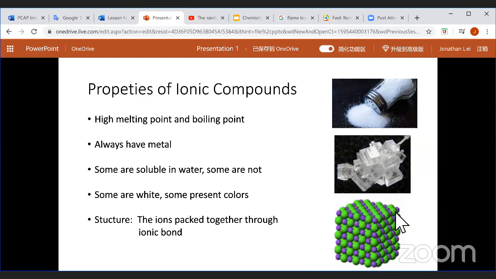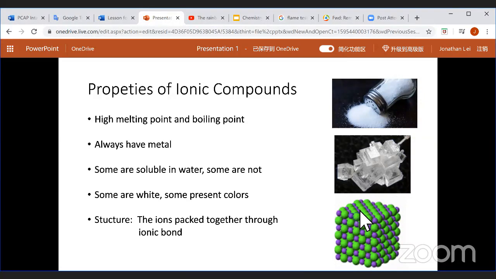So here is the structure of sodium chloride. The purple circle is sodium. The green big circle is chloride. You can see the sodium ion and the chloride ion packed so closely.